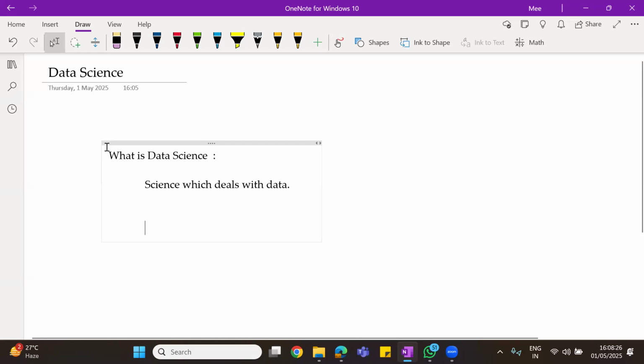I will write it as: data science is a process of extracting knowledge from data using scientific methods.